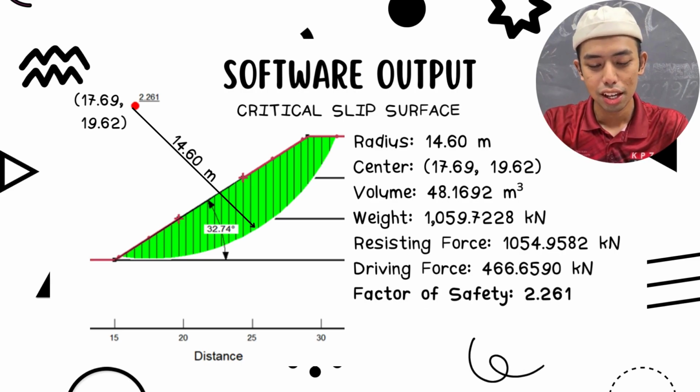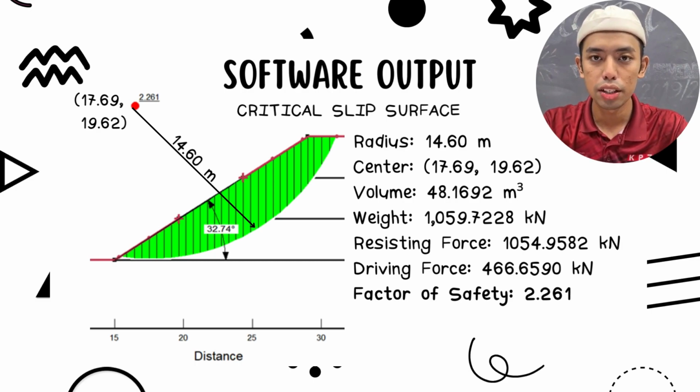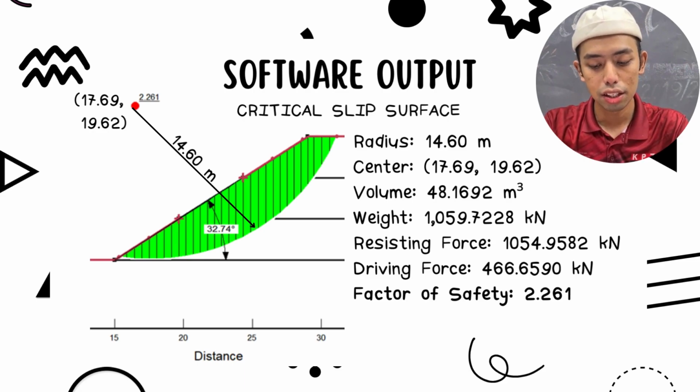Here we can see for factor of safety 2.261, the radius of the slip surface is 14.6 meter. The center of the curve is at the coordinate of 17.69 and 19.62.